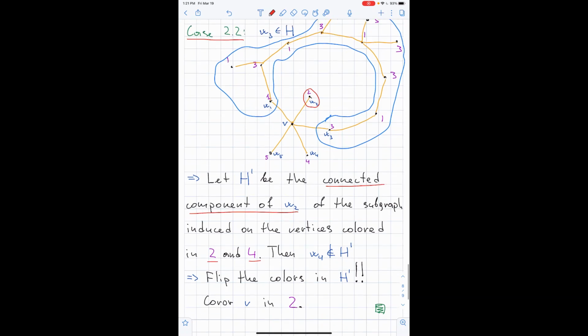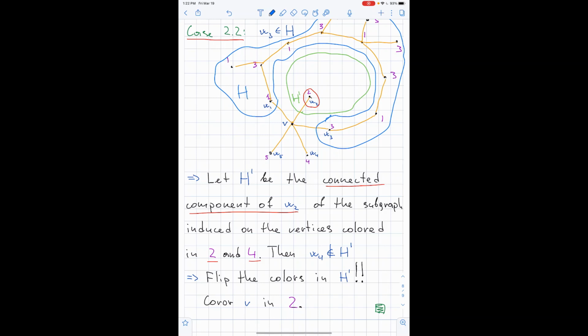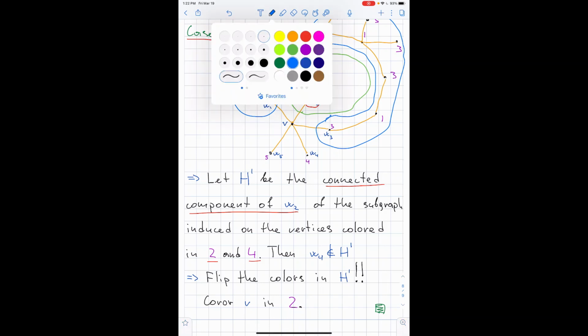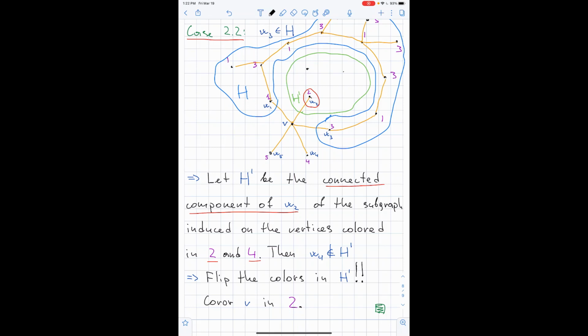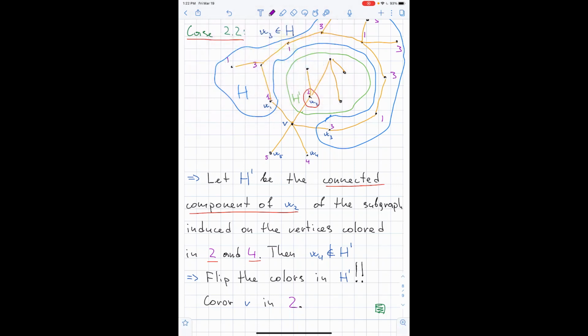So this is our H prime. By the way, this was our H, and this is our H prime, the connected component of W2 if we consider only colors 2 and 4.